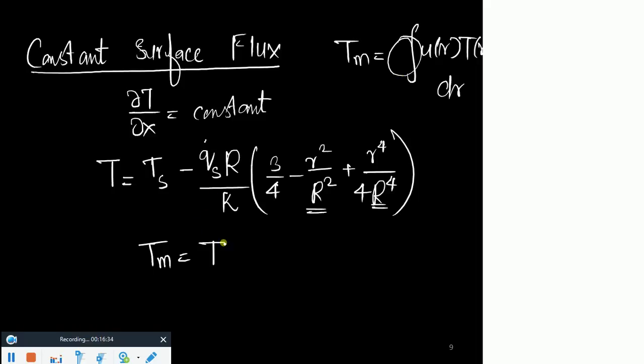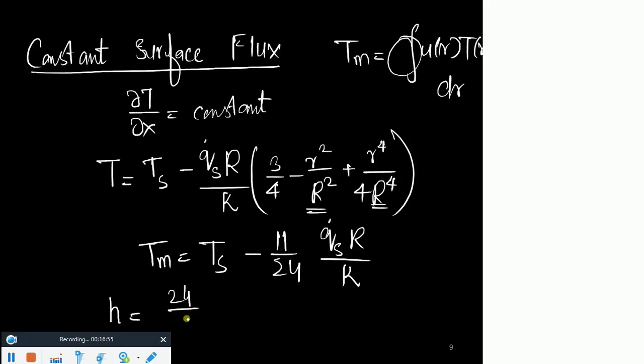If you use that definition, Tm comes out to be equal to this one. This is the mean temperature which you can find out for this constant surface flux condition.